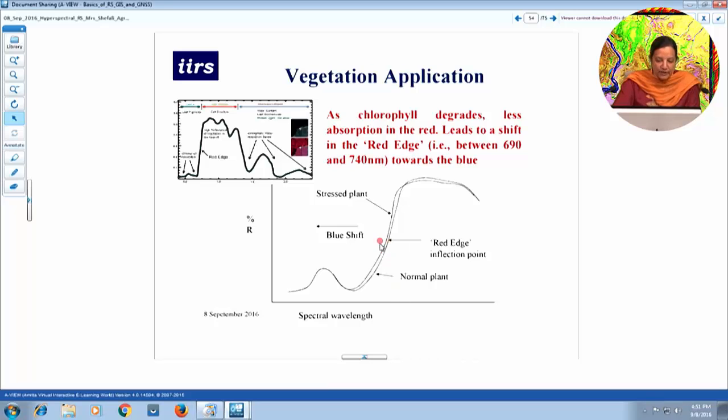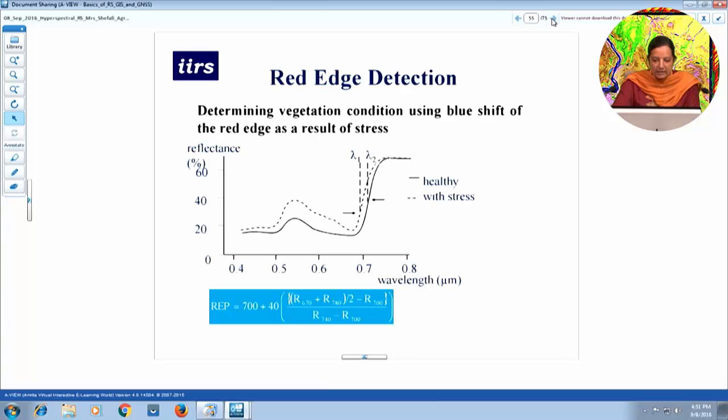Now this shift in wavelength towards the lower edge is not broad, it's very, very narrow. If I can measure or identify this shift, I can lead to an analysis of the stress in the vegetation.